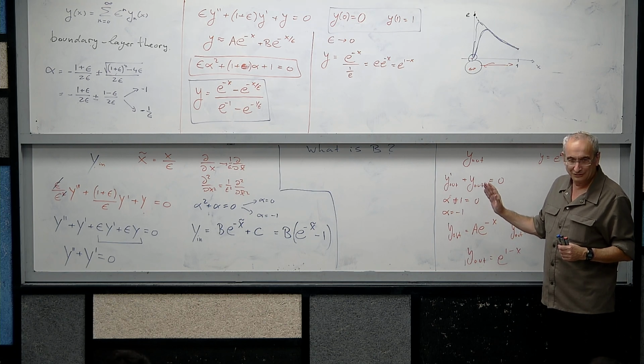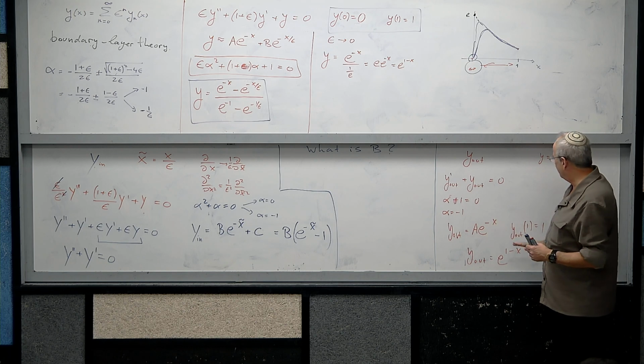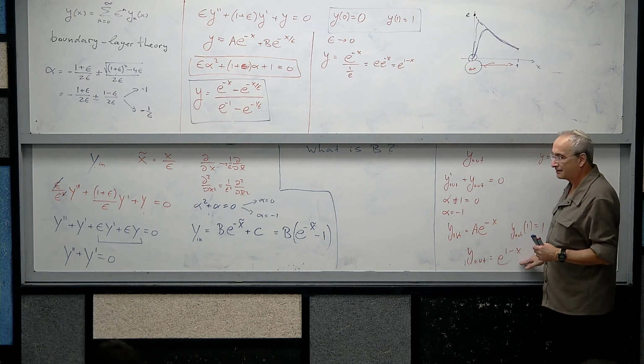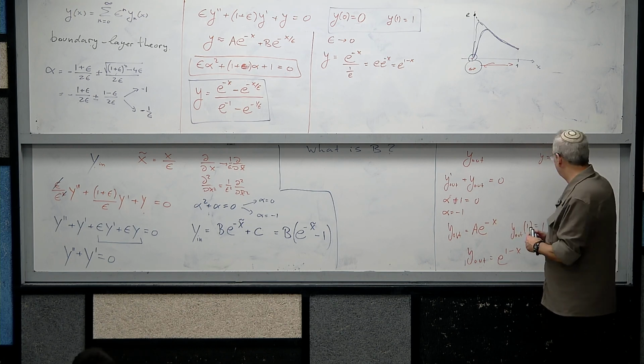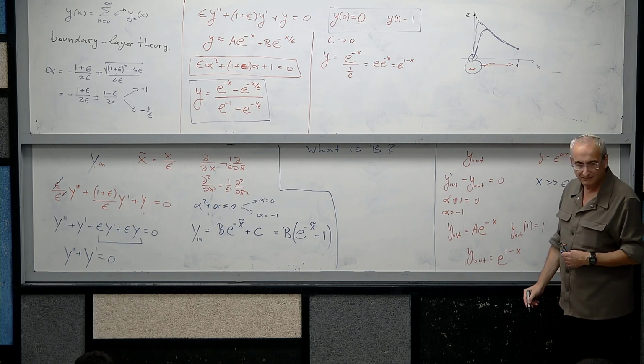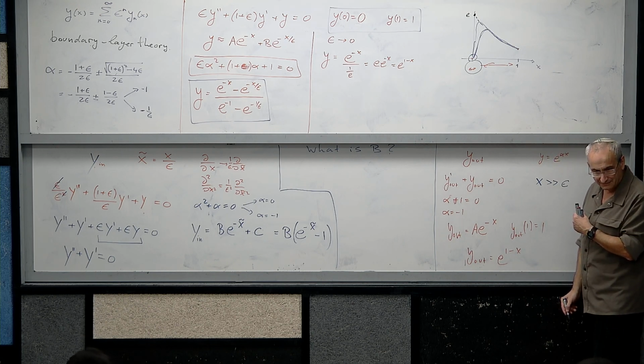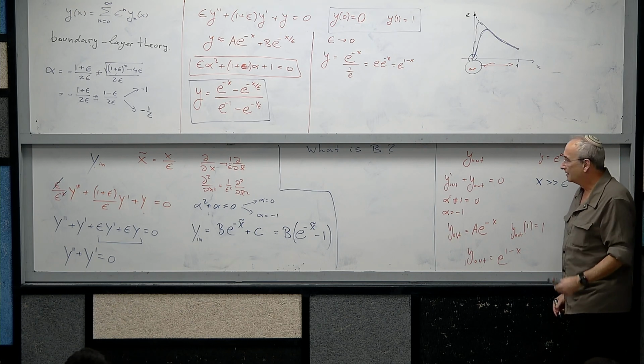You see, I did two approximations. One of them was based on the idea that x is much larger than epsilon. Epsilon is negligible with respect to x. This was the story here.